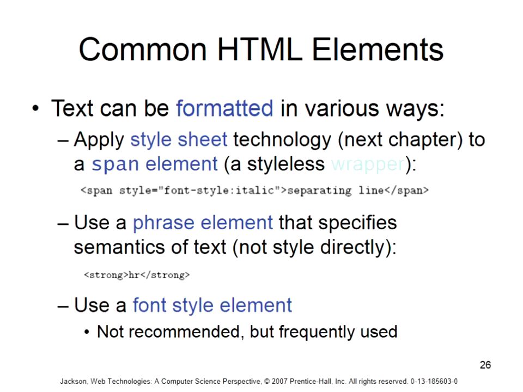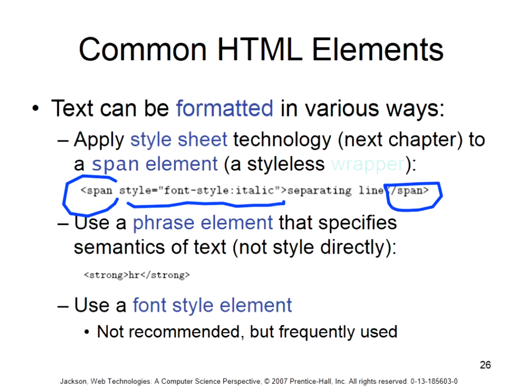So text can be formatted in various ways. We can apply style sheet technology. We will see this technology in the next chapter, inshallah. Using a span element, this tag is used to specify a style.